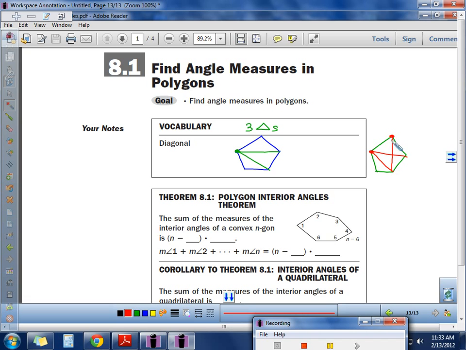So there's three diagonals, four diagonals. Can I draw any more? Yeah, I can draw some more. From this vertex, I would have 5 total diagonals. And that's when I go from multiple vertices instead of just one vertex.